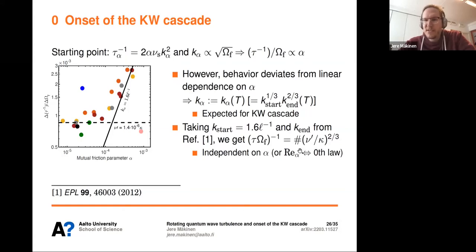It's some number which is constant times the effective kinematic viscosity over kappa to the power of 2/3. Why I want to write it this way is that this is typically used, at least in turbulence describing helium-4, to characterize the energy dissipation rate in quantum turbulence. Moreover, if you take these assumptions, you find out that this dissipation rate should be independent of alpha, so independent of temperature, which is the superfluid equivalent of the zeroth law of turbulence.